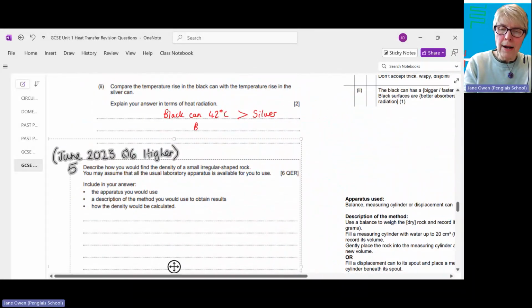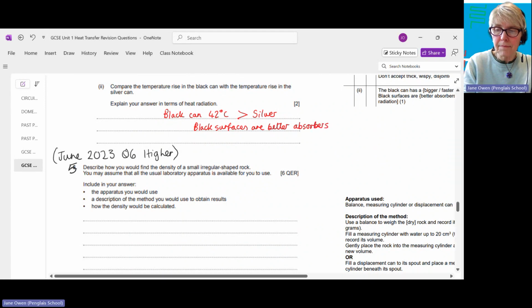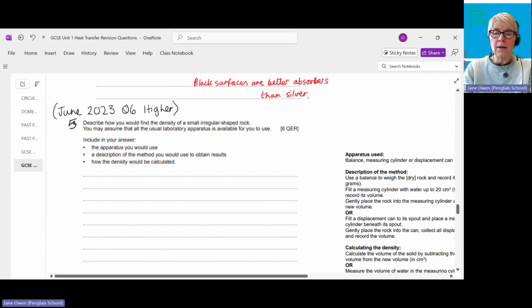So we can say that black surfaces are better absorbers than silver. Always got to be comparing it. Okay, silver surfaces.